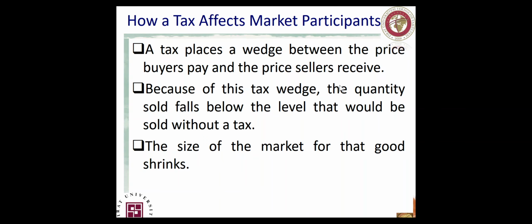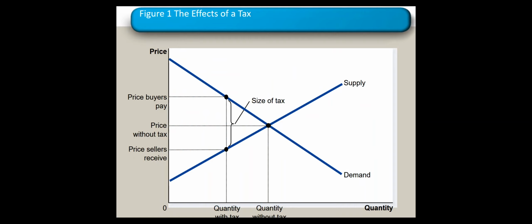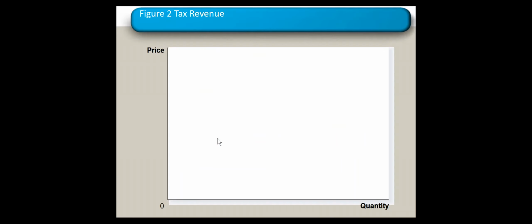This is what we usually refer to as a wedge. A wedge is something that separates two parties, here buyers and sellers. In that case, it actually reduces the total benefit from the market. You may wonder, how is the participation still there? Where is the loss? This is what we will be explaining in future slides graphically.